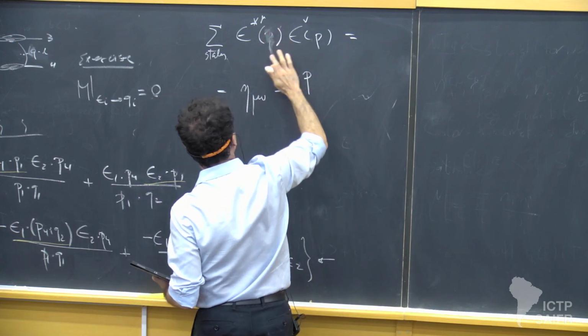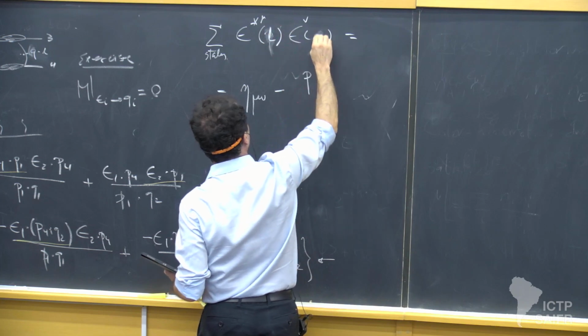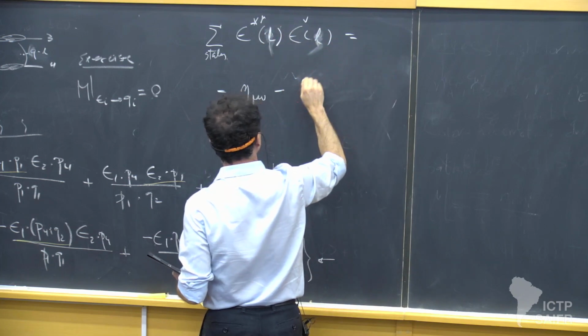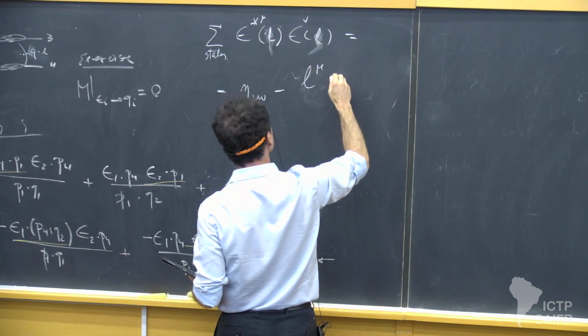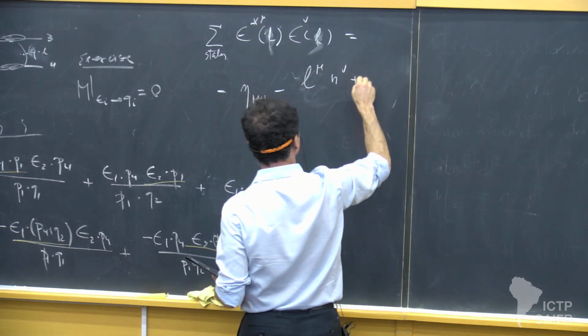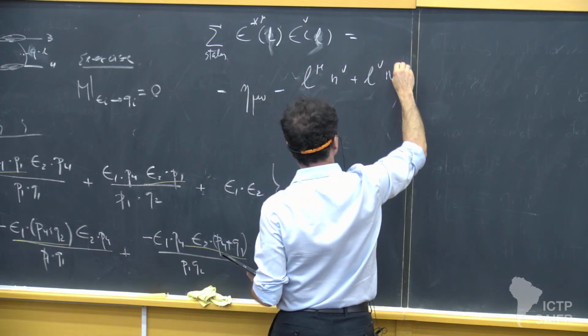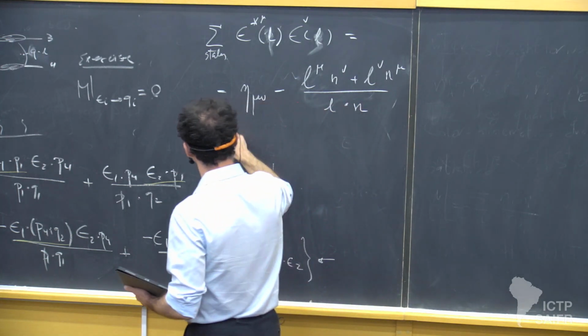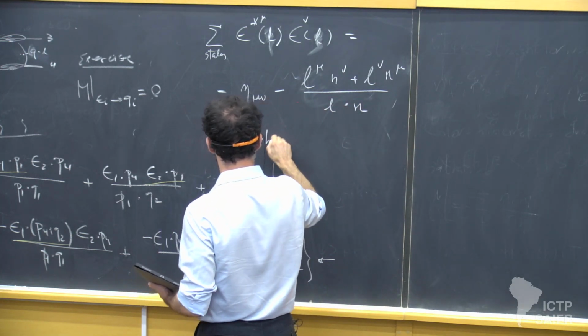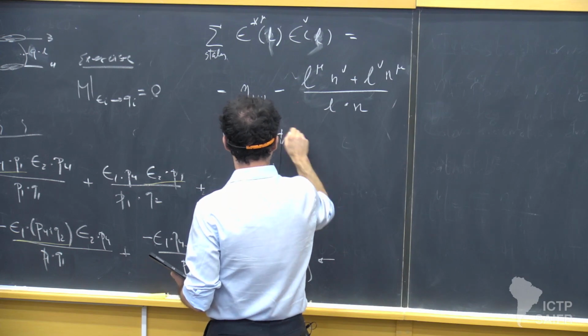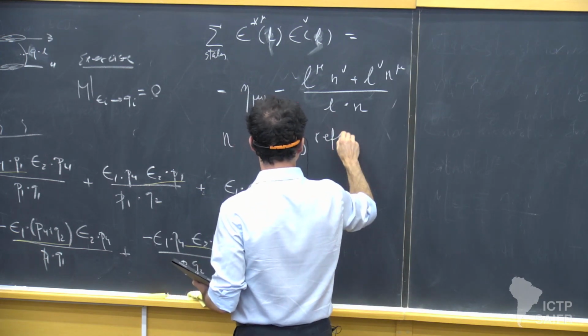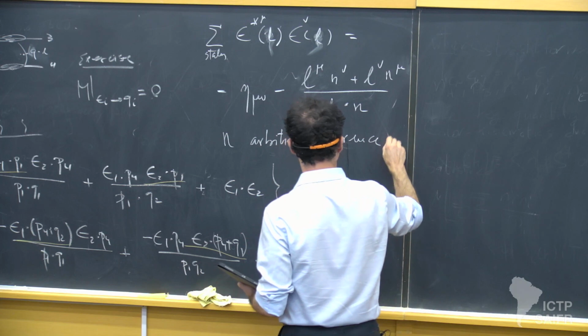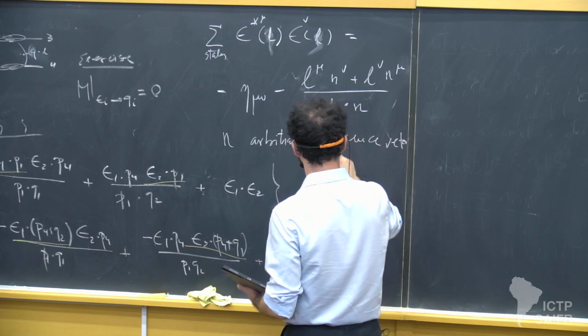Maybe I should call this L because it's going to be a loop momentum here: L mu n mu plus L mu n mu divided by L dot n. Here n is some arbitrary reference vector, which is also null.